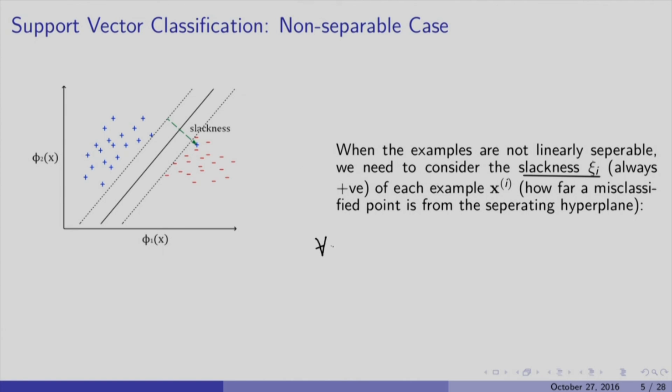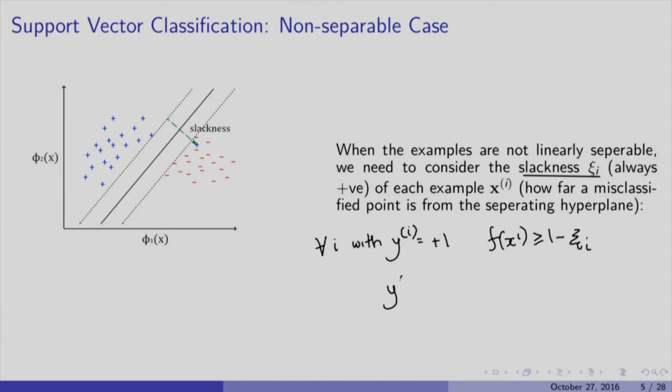We will say that for each i that is positive, with yi equals +1, we will need f(xi) to be greater than or equal to 1, but now this point could lie inside the margin, or it could actually even spill over to the other side of the separating hyperplane. So f(xi) should be greater than or equal to 1 minus xi.